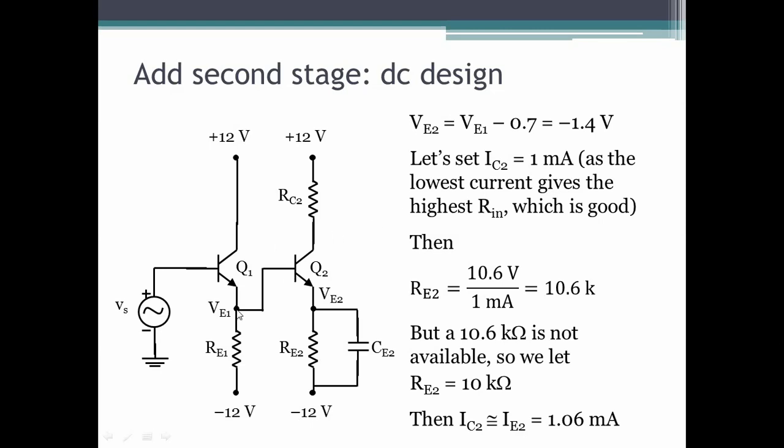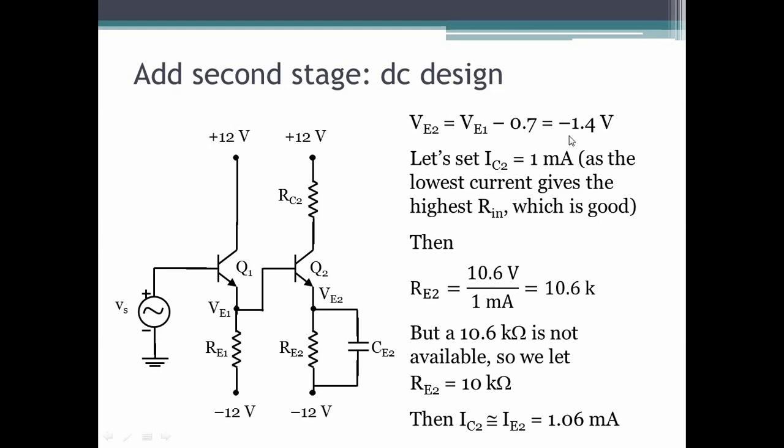So first we notice that this VE1, which we had already found, was minus 0.7, and because of DC coupling we are connecting this directly to the base of the second transistor Q2, and this Q2 will have a drop of plus 0.7 across the base emitter. So VE2 will be minus 0.7 minus 0.7, so minus 1.4 volts.